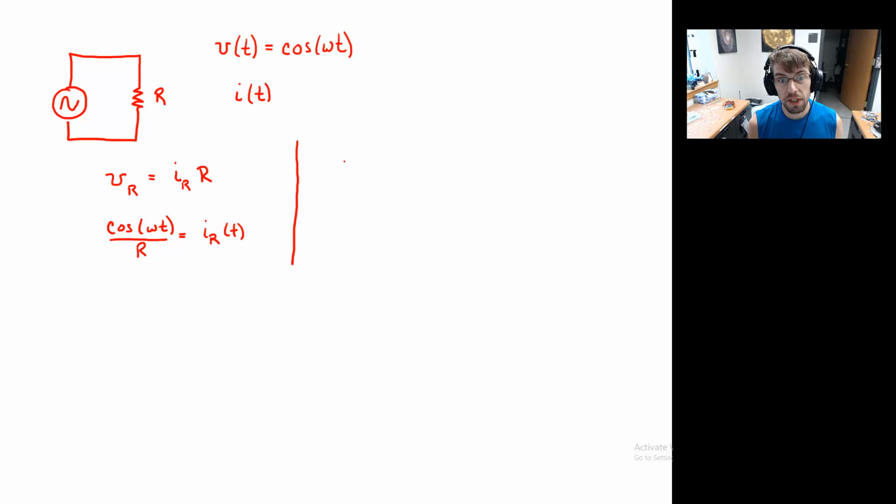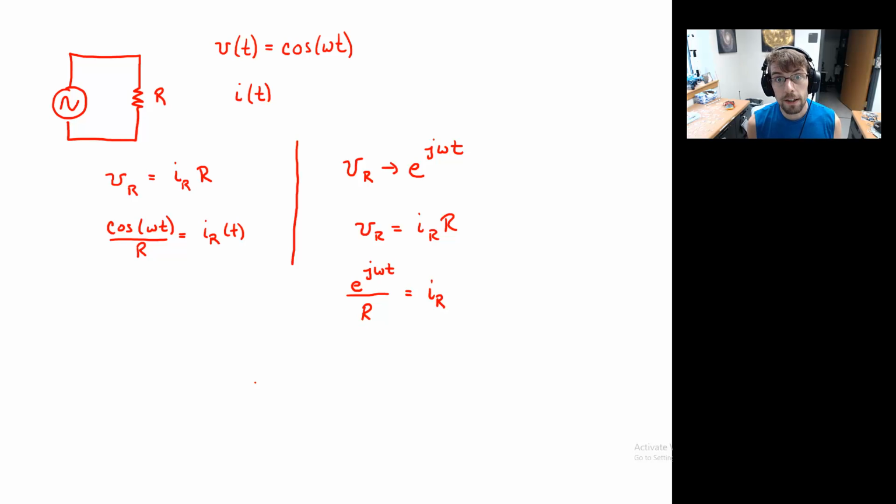What you could do is say, okay, well, I will express VR, rather than a cosine of omega t, as e to the j omega t. Then I'll apply Ohm's law. VR equals IR times R. And then I'll divide it by R. E to the j omega t divided by R equals IR.